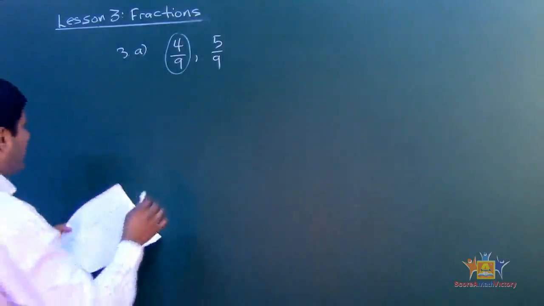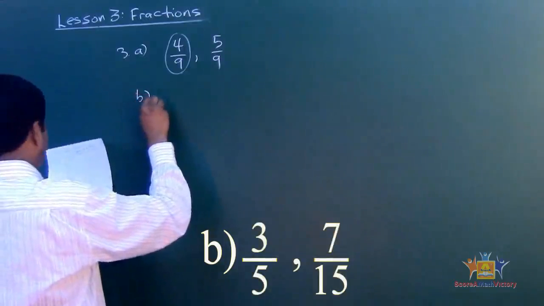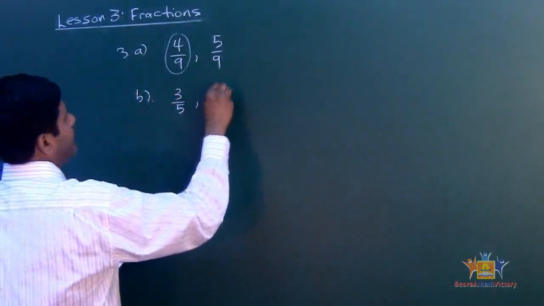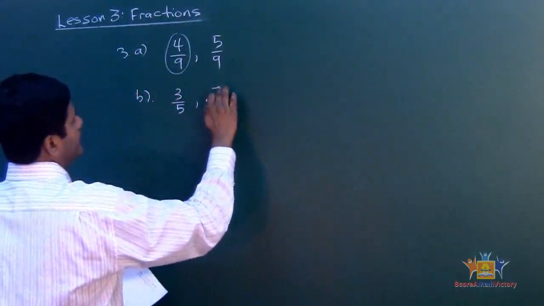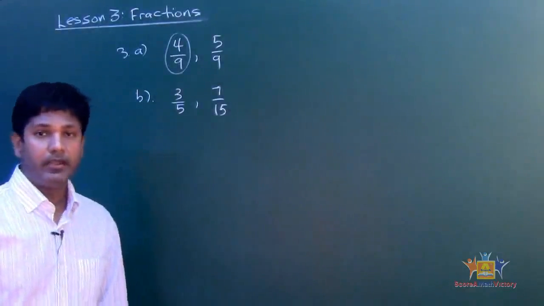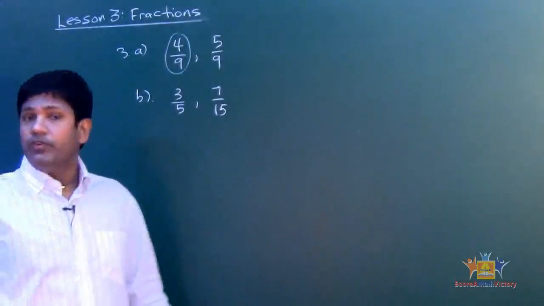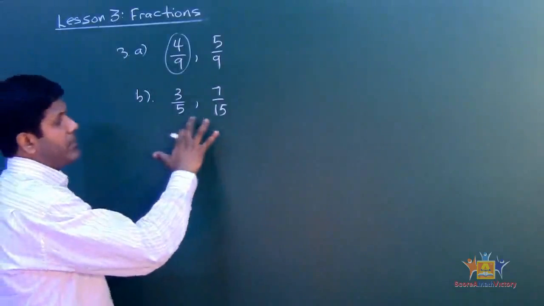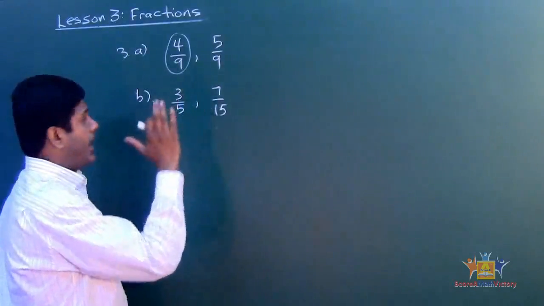So let's look at the second one, the B. The B was given 3 over 5 and 7 over 15. Now am I going to say 7 over 15 is bigger and 3 over 5 is smaller? We don't know. We cannot make that assumption. Why is that? Because the denominators are not common, so I have to make it common.